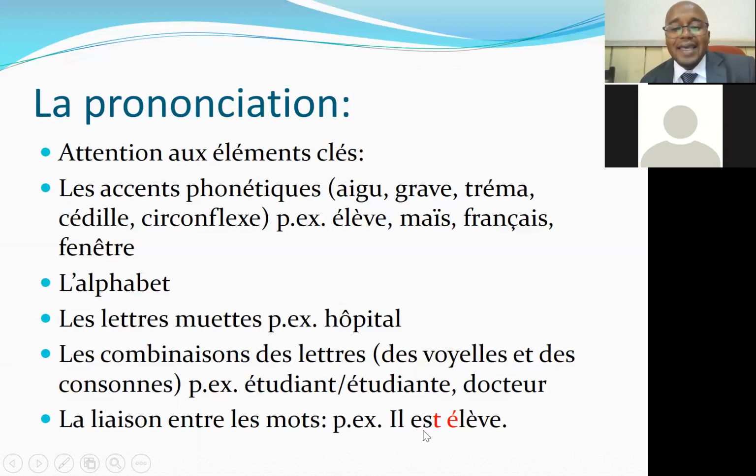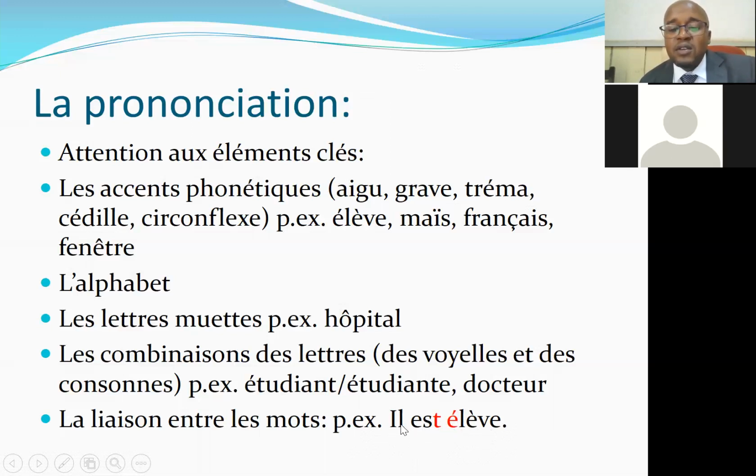Now an example of liaison is here. We have il est élève. Now I'll put the T in red to highlight it. Est ends with T, which is a consonant. Élève begins with E, which is accentuated. It doesn't matter either, but it's a vowel.